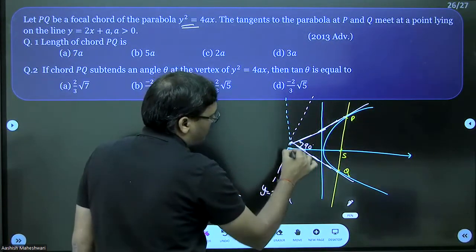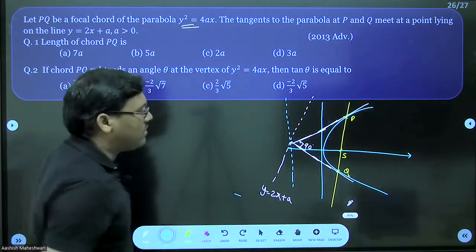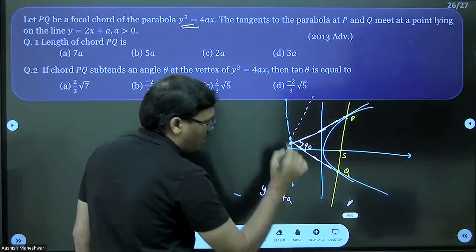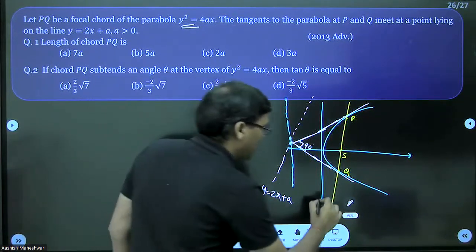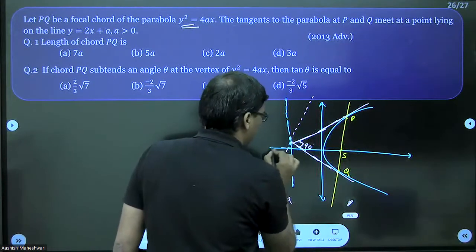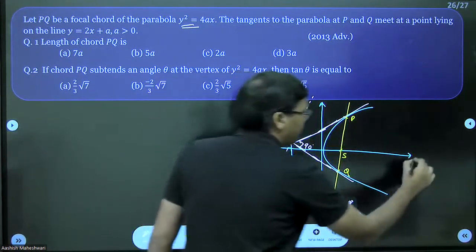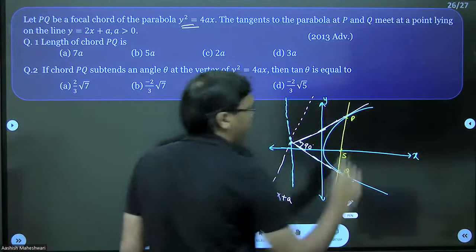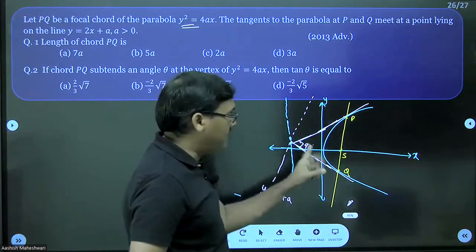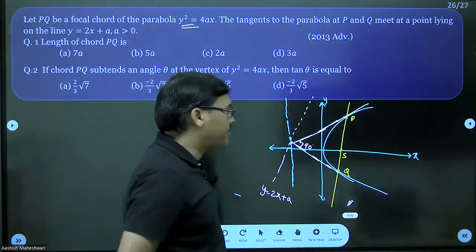These are some properties you should know, because the directrix is the director circle of this parabola. Okay, so now see, this is the x axis, y axis, this is the directrix. So tangents at the ends of a focal chord intersect on the directrix at 90 degrees. This is the property, right?